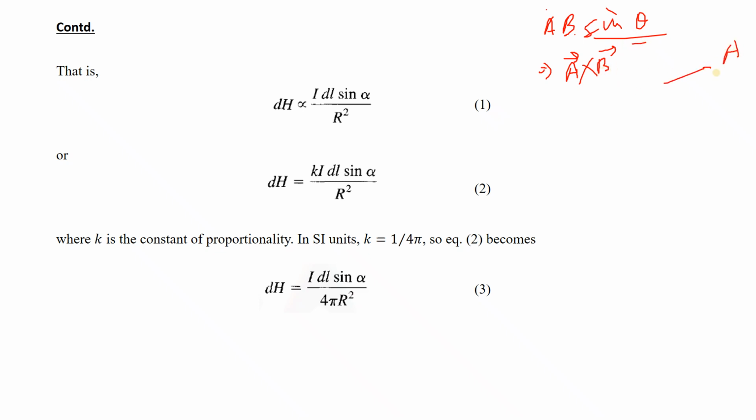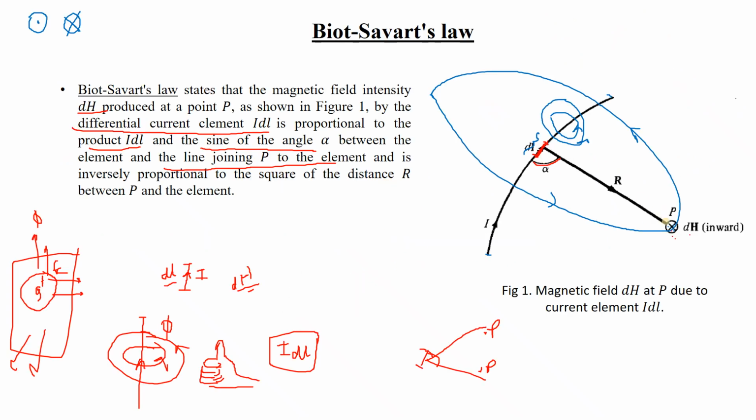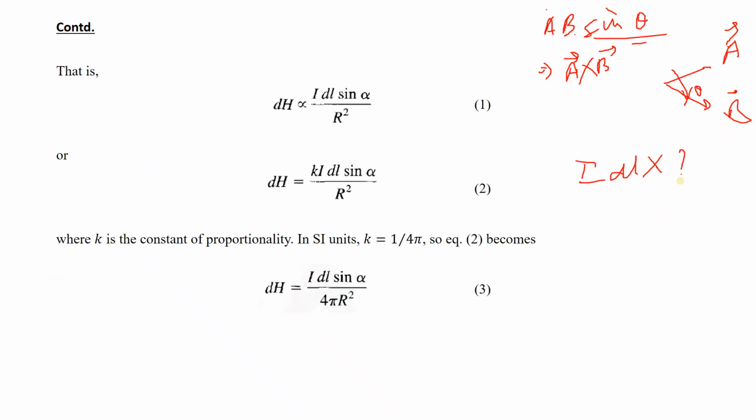The cross product creates this sine theta, where theta is the angle between vector A and vector B. So if sine alpha is there, then the vector IDL is there and some other vector with respect to which we are doing the cross product. Since alpha is the angle between the vector and the point.